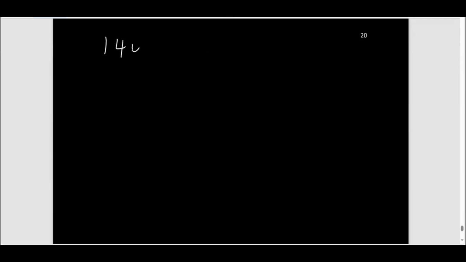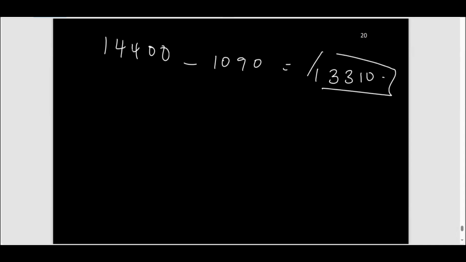So 14,400 minus 1090. Punching that into our calculator, we shall get 13310. Okay, so sigma notation, we're saying n is 21 up to n is 75.